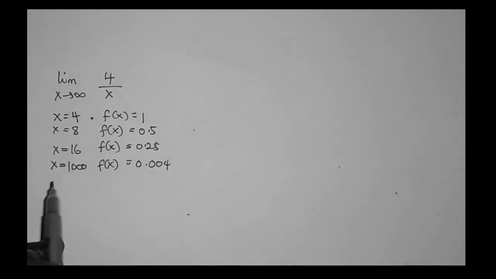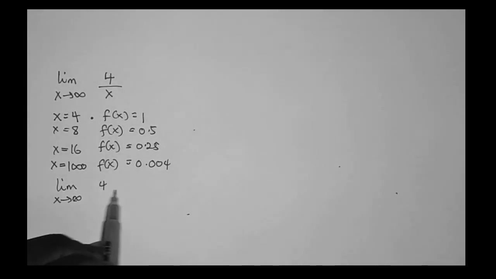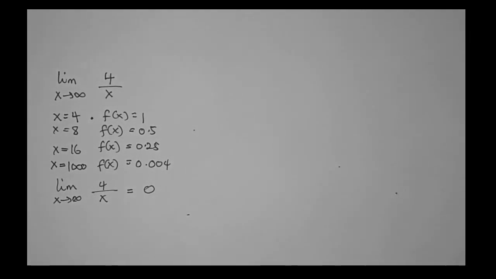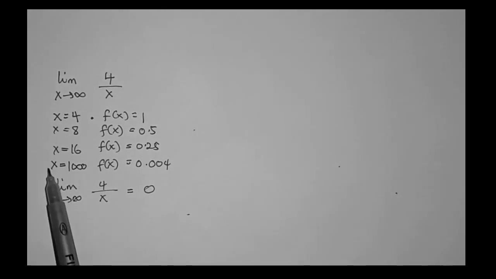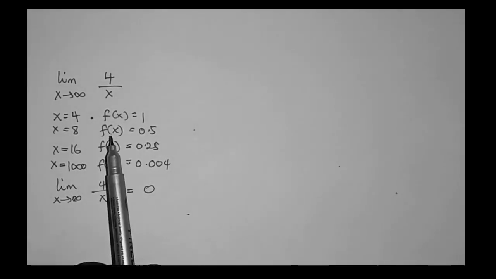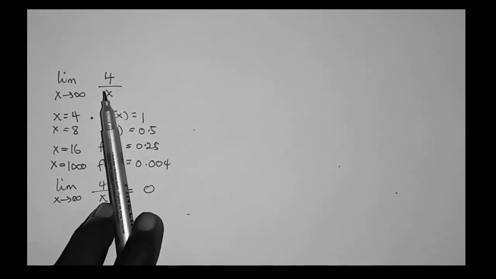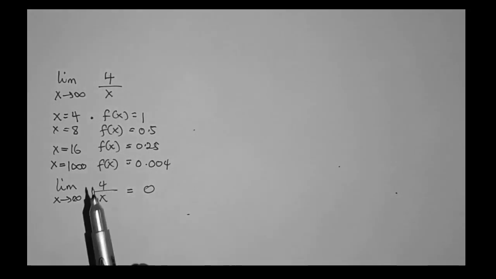And therefore, the limit as x approaches infinity of 4 over x is equal to 0. So for any limit for which the denominator becomes exceedingly large, approaching infinity, the function f of x approaches 0, either from the left hand side or from the right hand side.